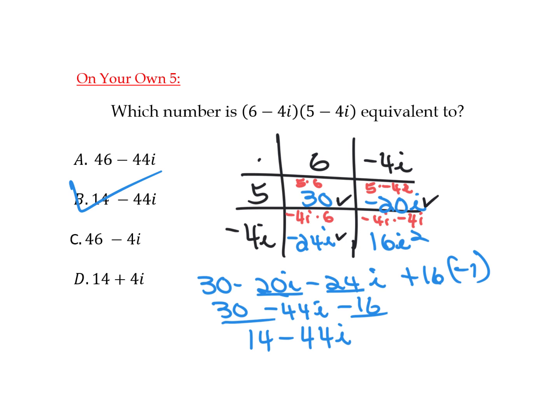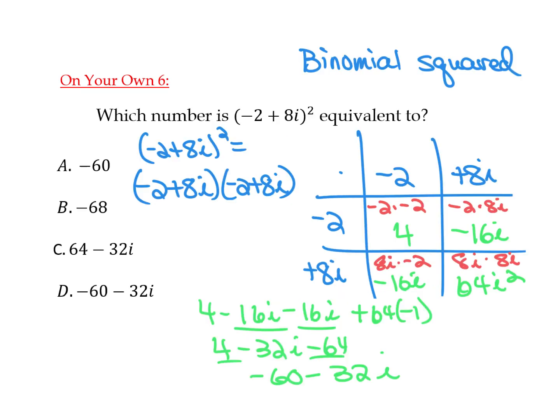So I bring those boxes down and I combine my like terms. I'm going to replace i squared with negative 1, so that is going to give me negative 16. I combine my i's, negative 20 minus 24 is negative 44, and then I combine the real parts, 30 minus 16 is 14. So the answer is B.